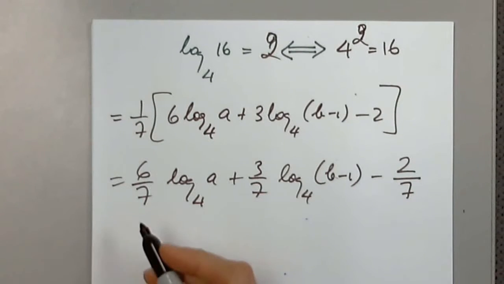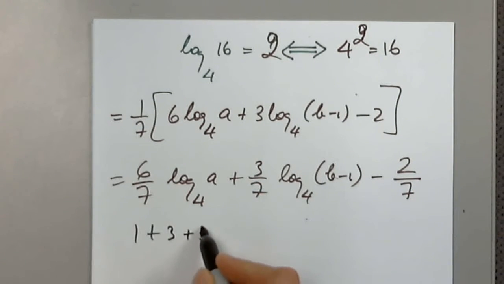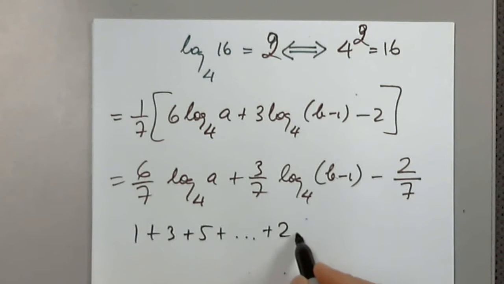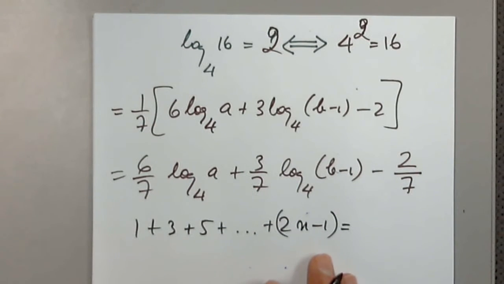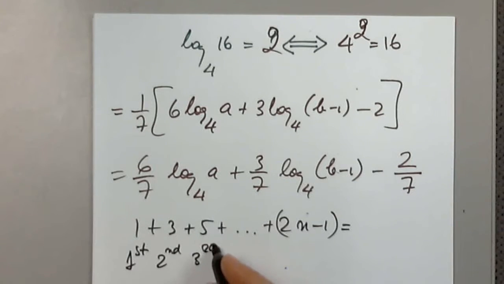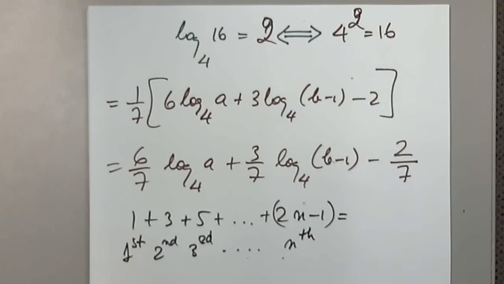So in 22, we have 1 plus 3 plus 5 plus dot, dot, dot, plus 2n minus 1. And the fact that it's in parentheses, obviously, it tells us that this is the nth term. So this is the first, this is the second, this is the third, dot, dot, dot, and this is the nth term.